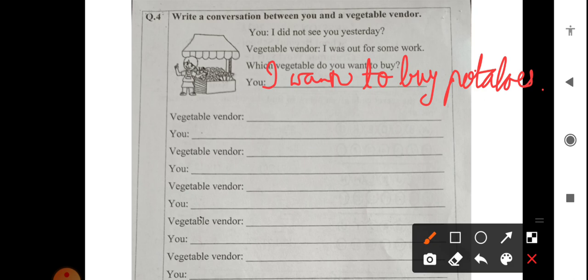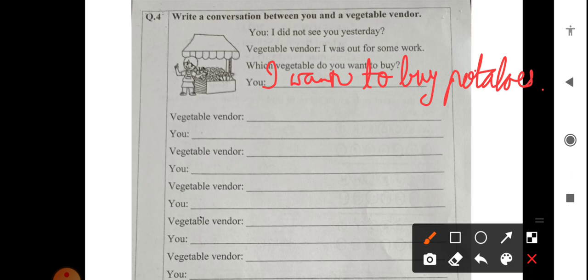If you are talking about green leafy vegetables or lady's finger, then you will say whether they are fresh or not. Then the vendor will say yes, they are fresh. In the morning only it has arrived. Then it is fresh only. And you will say, okay, I like this vegetable a lot. Give me 1 kg of lady's finger. Or today my mother wants to make lady's finger, my favorite vegetable.